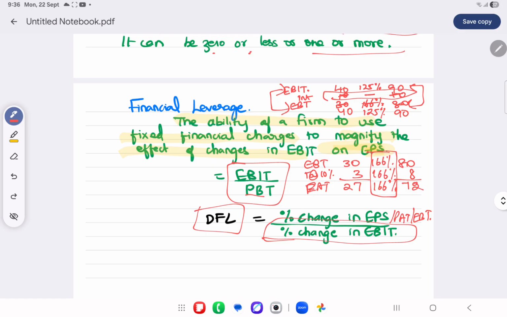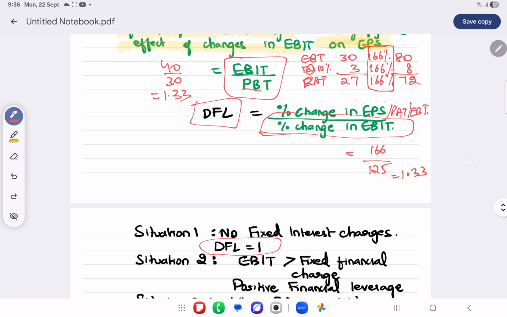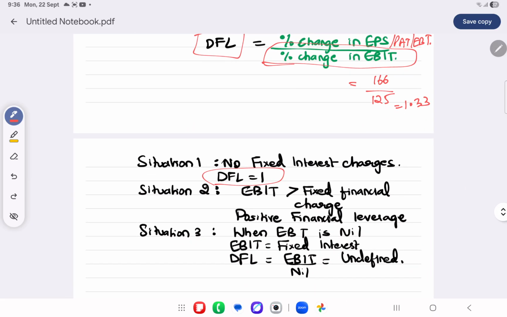Now here, if there was interest, the change in EBT was 166 percentage divided by 125 percentage, which is equal to 1.33. And what is our EBIT divided by PBT? 40 divided by 30, which is also 1.33.